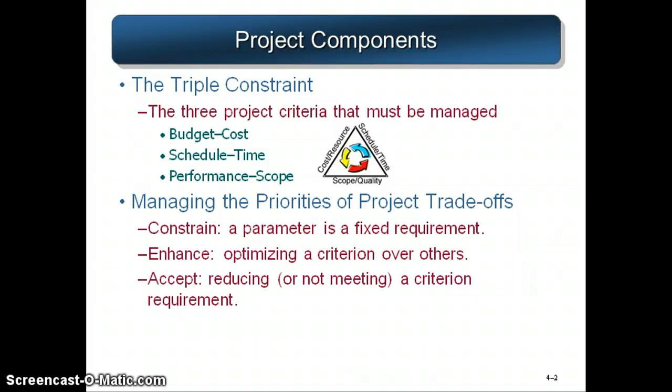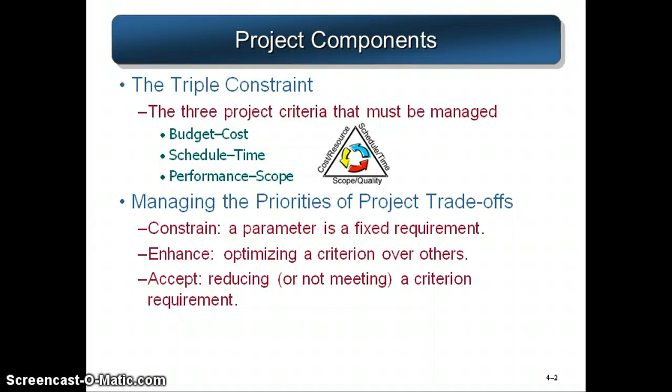So for example, if the specific time is fixed, and the schedule were to fall behind a bit, then the project manager may be forced to trade off some of the cost and work the project team overtime and pay extra money for that to keep the project on schedule.